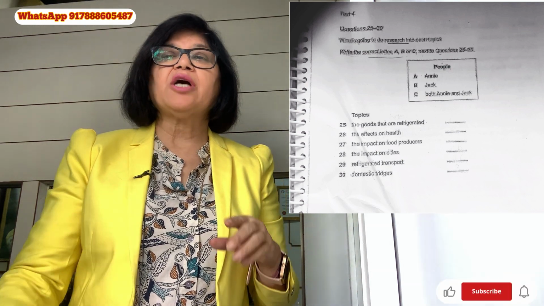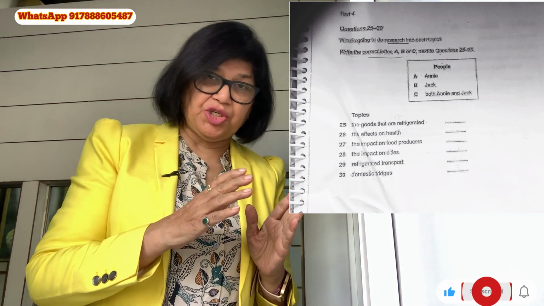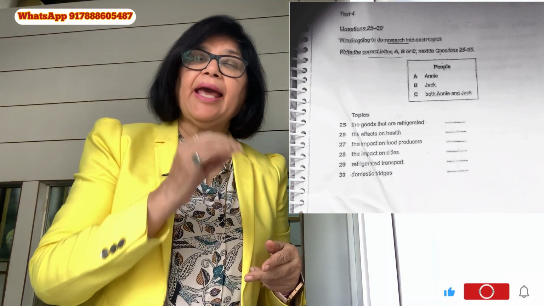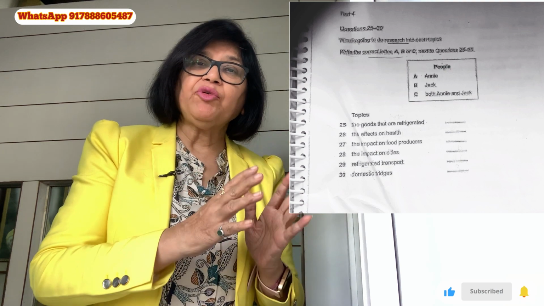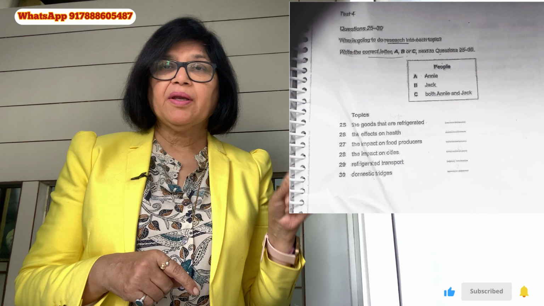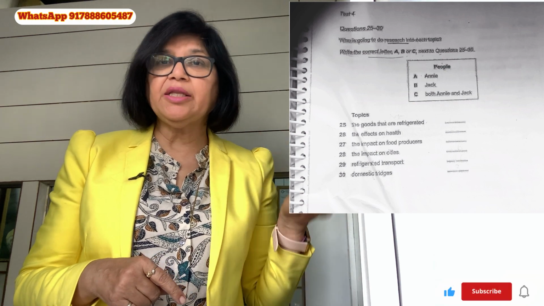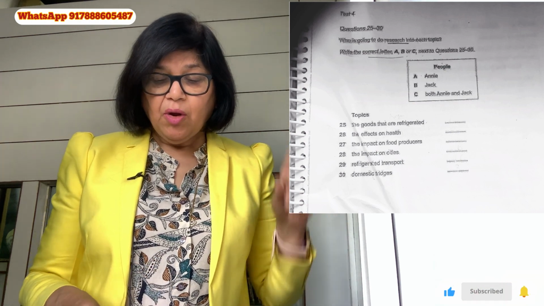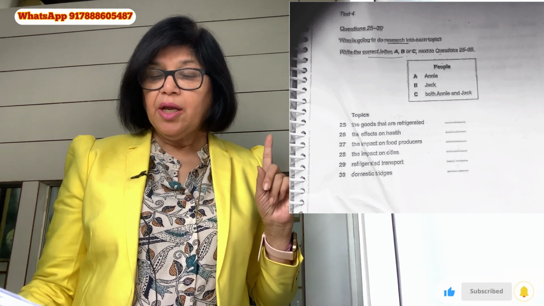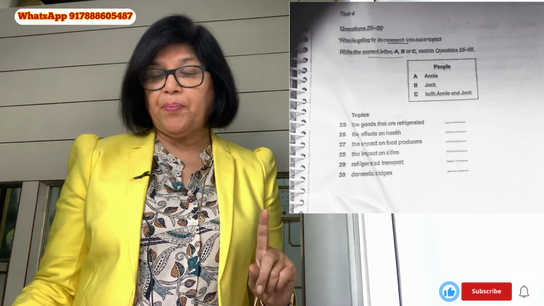It is about research. There are two people, Jack and Annie, and we have to decide. If you can see the question here, just read it. Who is going to do the research into each topic?